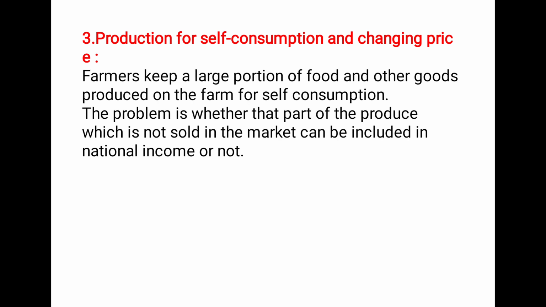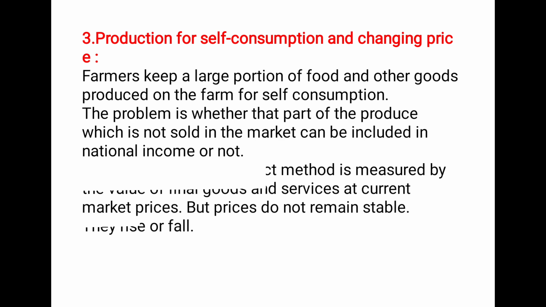Next one is production for self-consumption and changing price. Here you are going to see farmers, they keep a set of food and other goods produced on the farm for self-consumption. So here now the problem is arising whether the part of the produce that is not sold in the market should be included in the national income or not.